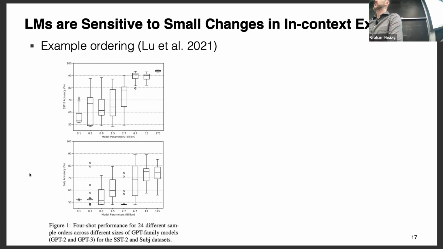If you take the same examples and just order them in different orders, you can actually get very wildly different results. This is especially true for smaller models. The smaller models here are like the GPT-2 models. The larger model here is GPT 3.5, I believe.